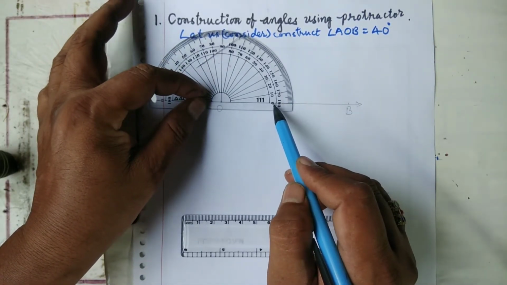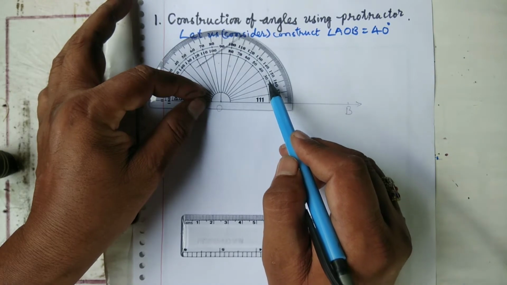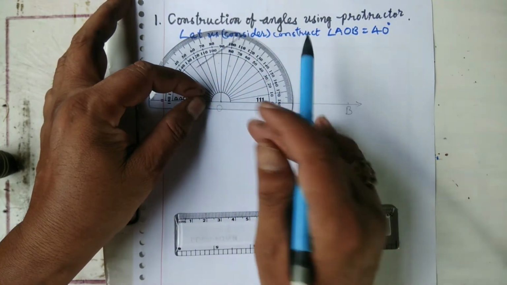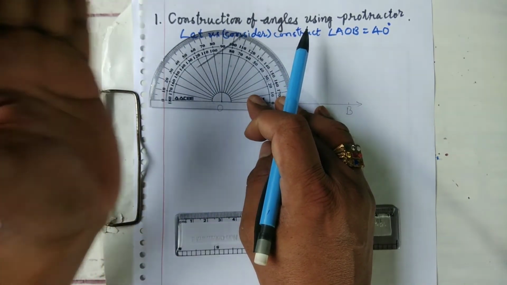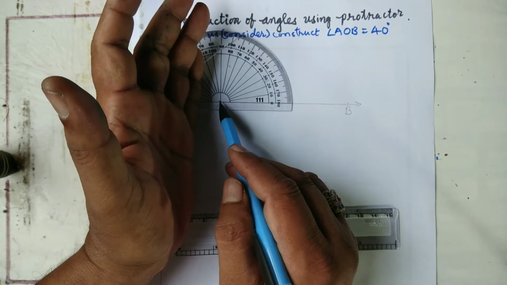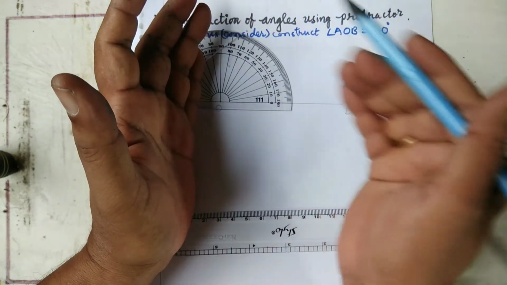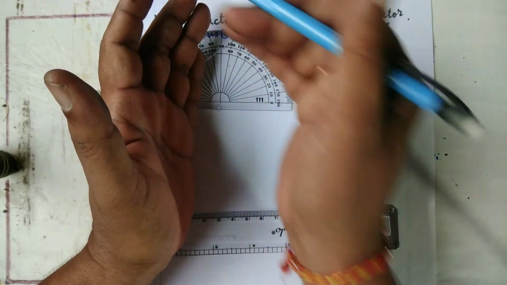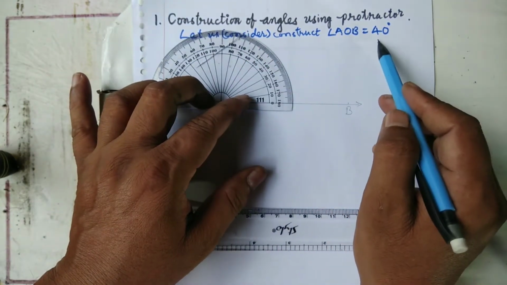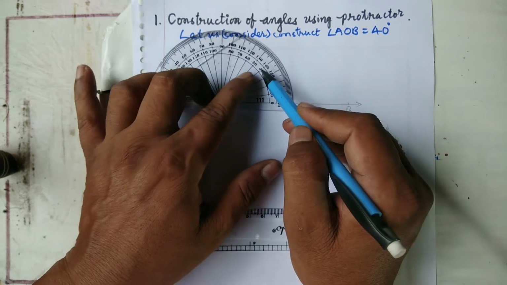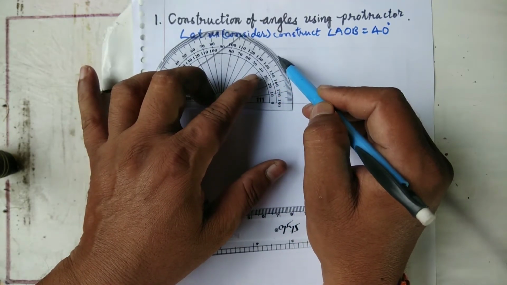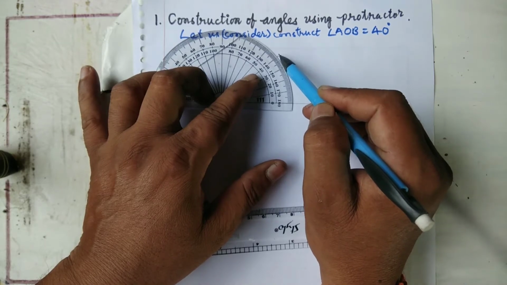Here is 0, 10, 20, 30, 40, 50, 60 like this. If we kept left of the point, we have to count from right to left. So right to 40 degrees. Here is 40 degree. So we have to keep a point at 40 degree.